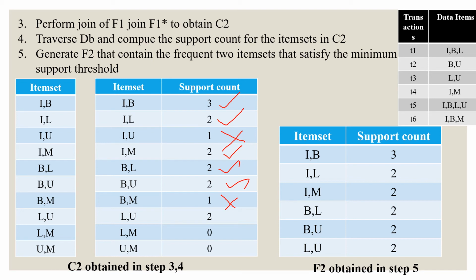This value should be greater than or equal to 2, so those values only we are going to consider and keep in F2. What is F2? Frequent item set table. See, we keep IB, IL, IM, BL, BU, LU values only here. See, this is F2.